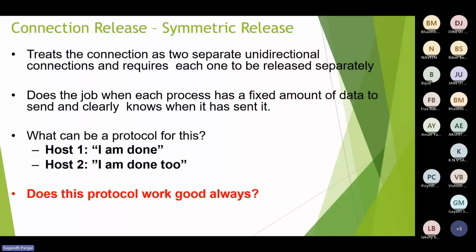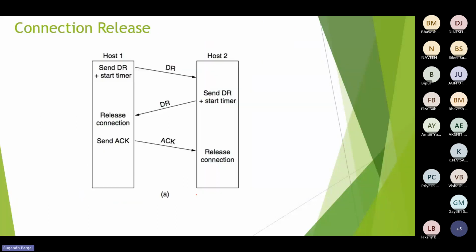So in this protocol, host 1 says that it is done with the data, and then host 2 also acknowledges that it is also done with the data, and then the connection is released. Here host 1 sends the DR request, that is, the disconnection request, and then host 2 acknowledges it and sends its own disconnect request.